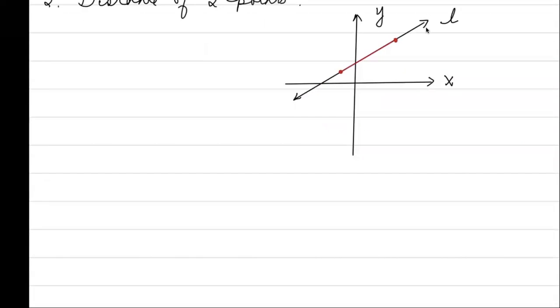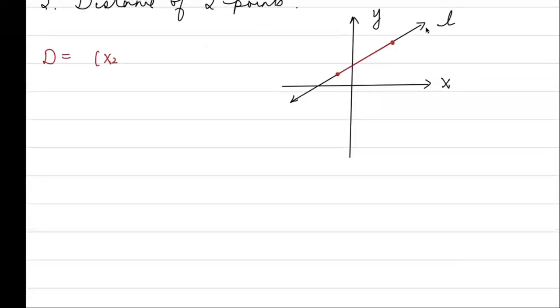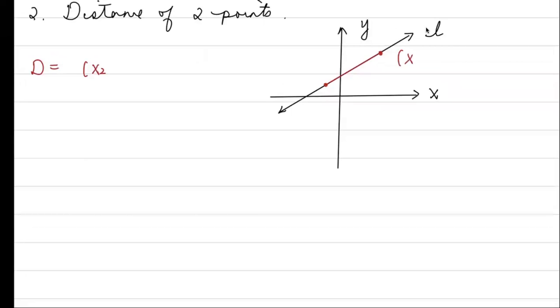We denote the distance with d. Let's call this point x1, y1, so we know the coordinates of this point, and this point is x2, y2.